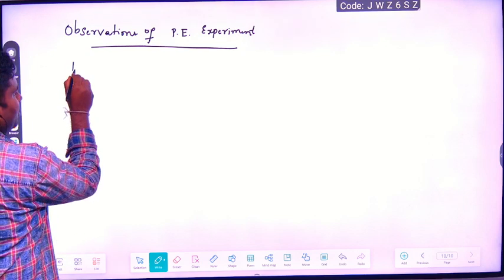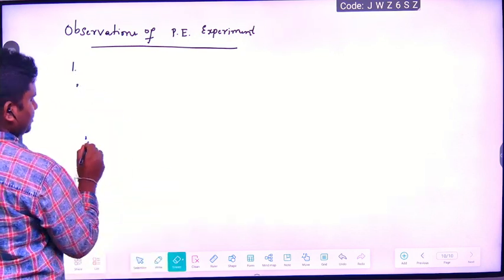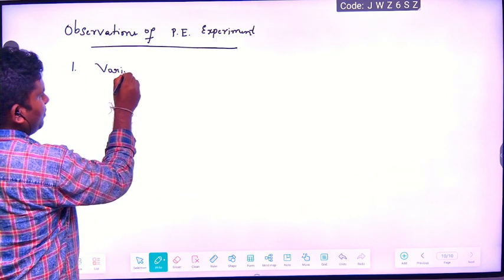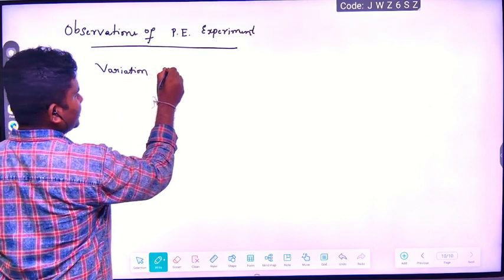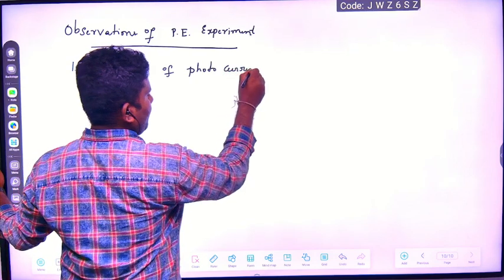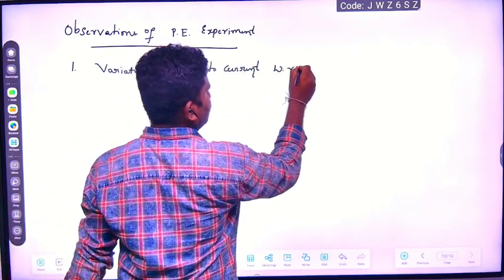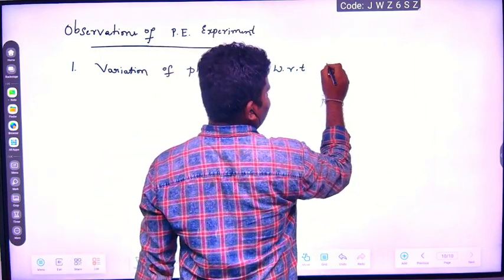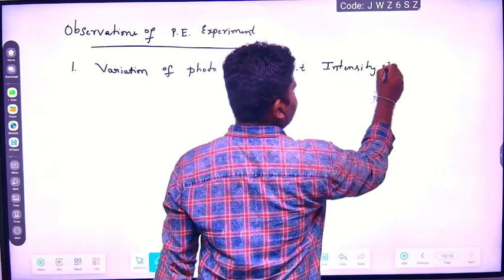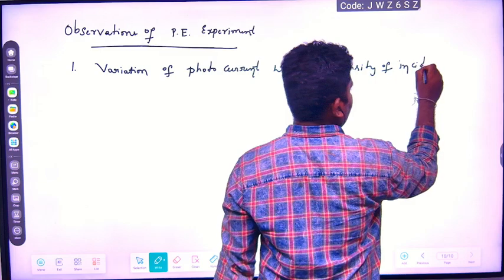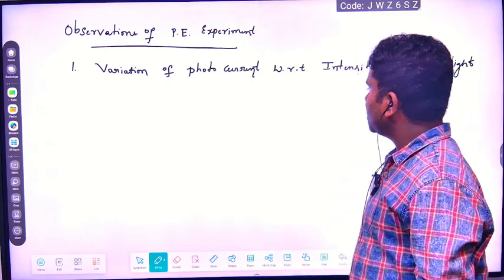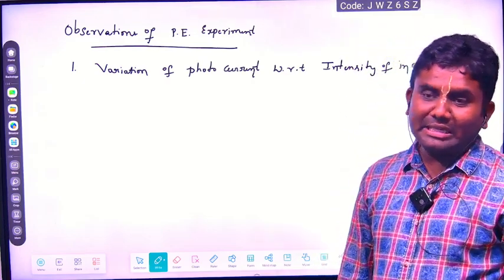Number one, variation of photocurrent with respect to the brightness or intensity of the incident light. Variation of photocurrent with respect to the intensity of the incident light.